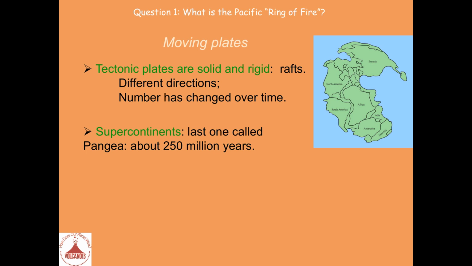Sometimes there were many of them on the globe, and at other times they were all together like a single supercontinent. The last one was called Pangaea and was created 250 million years ago.